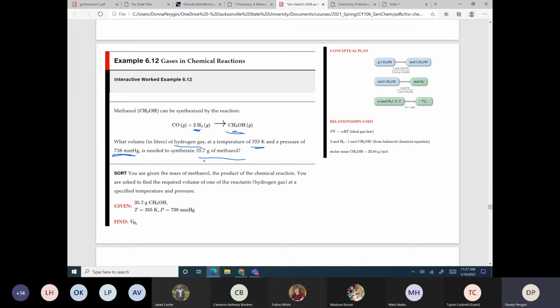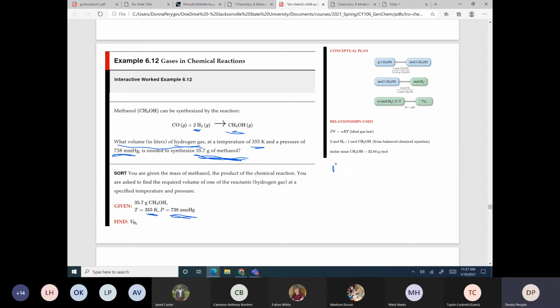Okay, so we're going to start with what we were given, which is 35.7 grams of methanol, and then we have to convert that to volume of hydrogen gas. So how are we going to do that? We're given grams of methanol, our temperature is 355, our pressure is 738 millimeters of mercury.